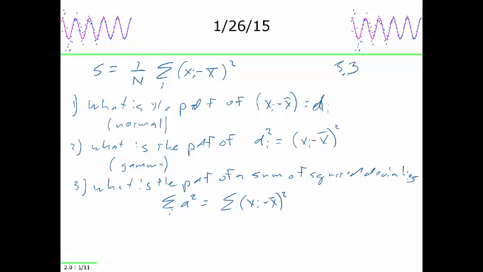The answer for this will turn out to also be a gamma distribution. And this is squared. And then the next one, we'll just rescale it by n, so I'm not going to worry about that one. And then what is the PDF of the square root of the sum of squared deviations?